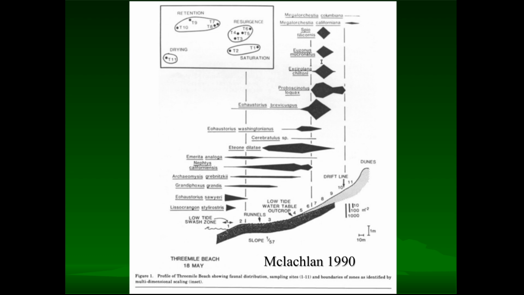The retention zone is damp sand, and the drying zone right up here, sand that is almost completely dry. Each species occupies a predictable niche on the beach related to the moisture regime at that niche, which is also a physical location on the beach. So populations of a species are not dispersed randomly across the environment, but within a particular abiotic niche that sometimes is spatially predictable, but often not.